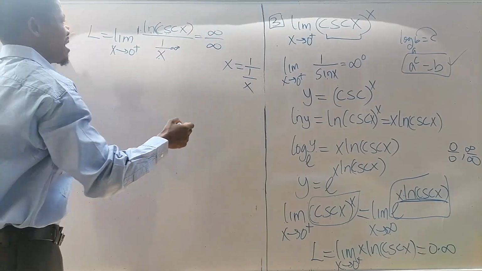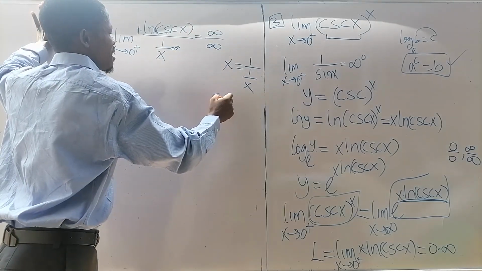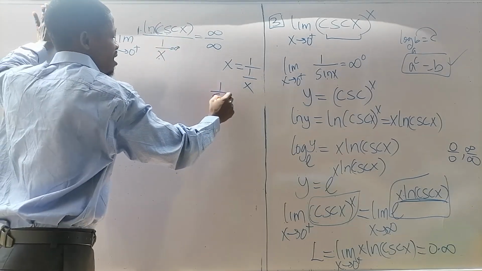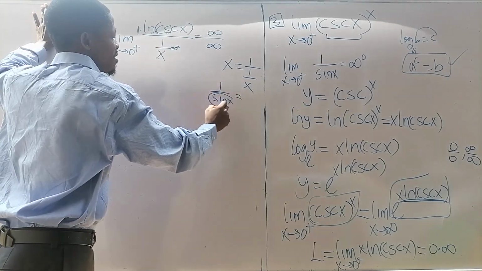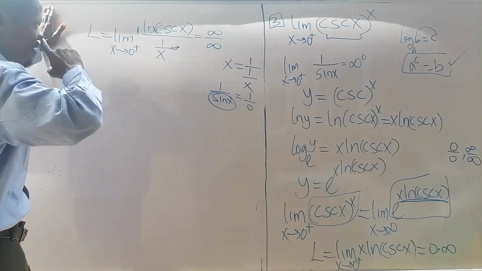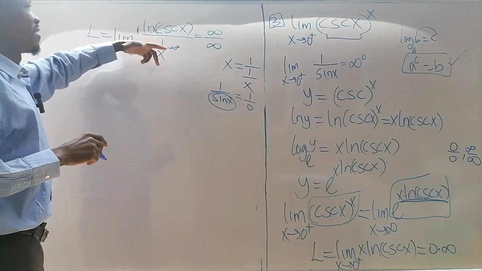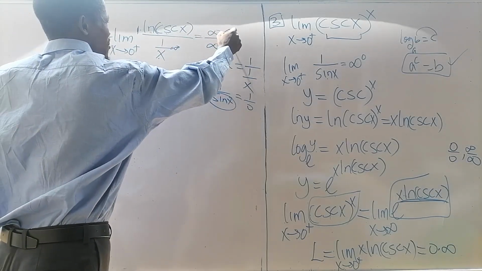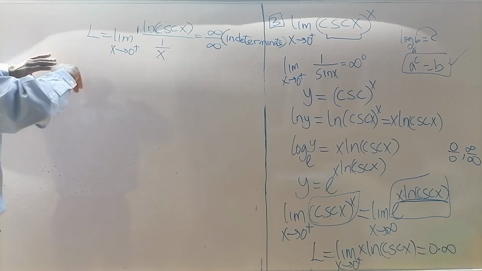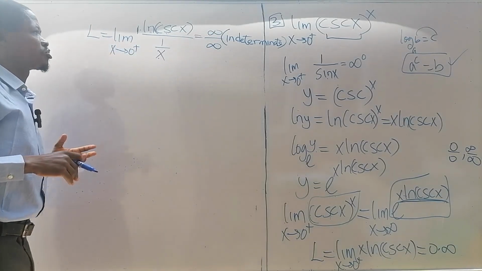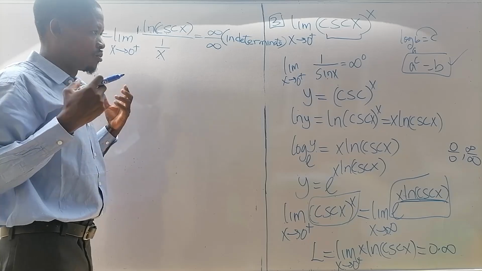How did I know? 1 over sine is the cosec. Sine 0 is 0, so 1 over 0 is infinity, and ln of infinity is also infinity. So that is indeterminate. Once we have indeterminate, the next thing to do is to apply L'Hopital's rule.